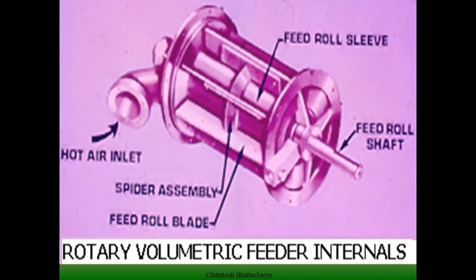Hot air is supplied through the main barrel so that there is no sticking of coal particles if it is wet. When the coal feeder is not running, the coal particles may stick on this surface and that may create trouble to run it again.